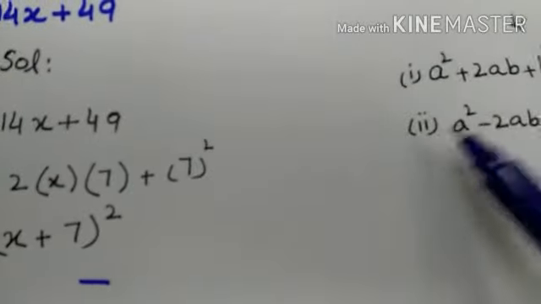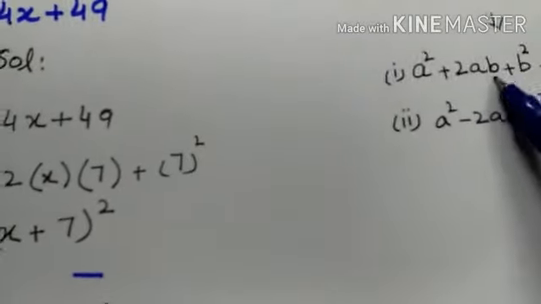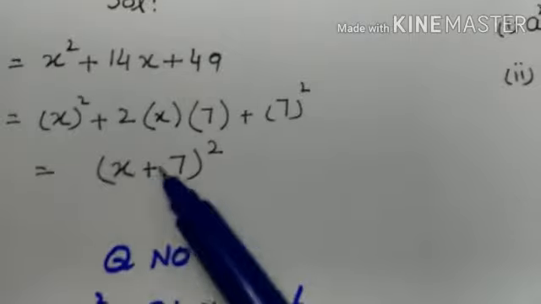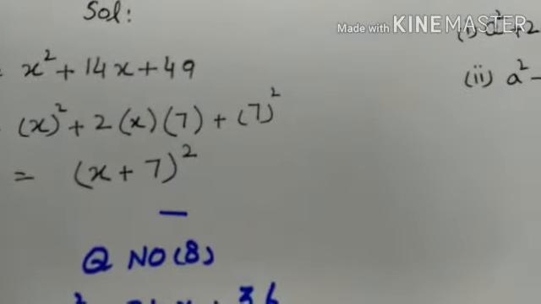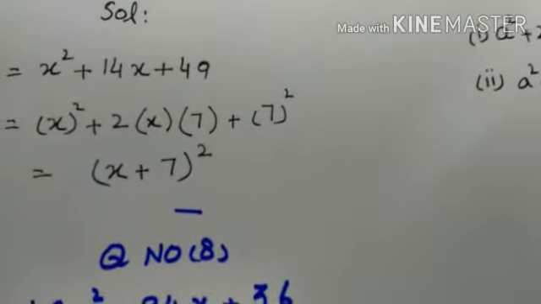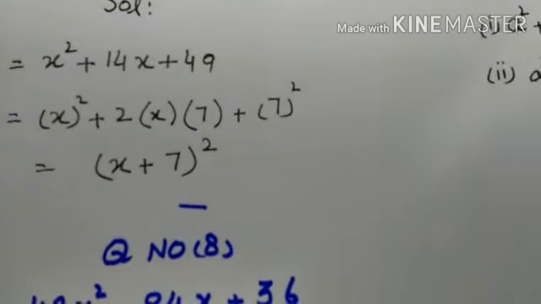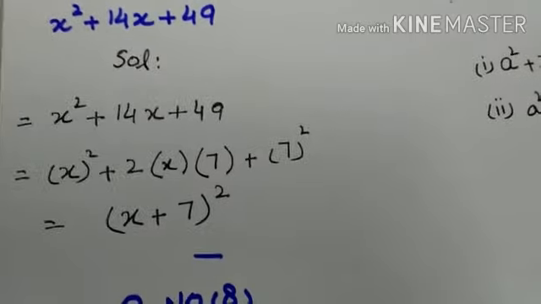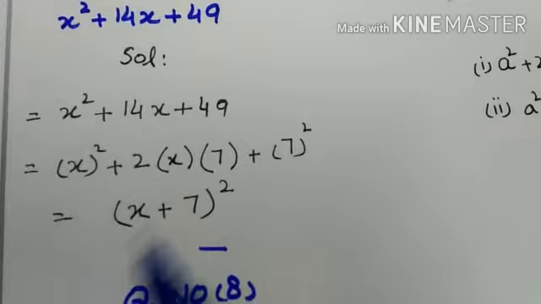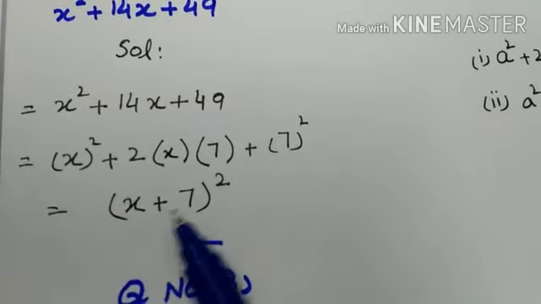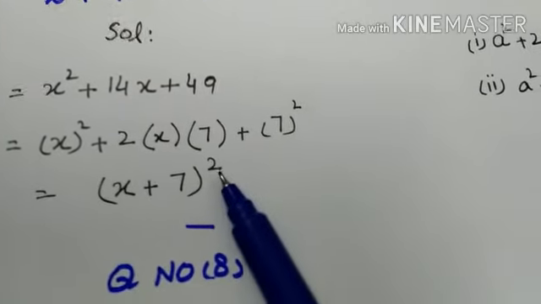So as a whole, according to the formula a square plus 2ab plus b square, we have x plus 7 whole square. That means we have done the a plus b whole square formula. In the first question, we did the formula of positive values, x plus 7 whole square.